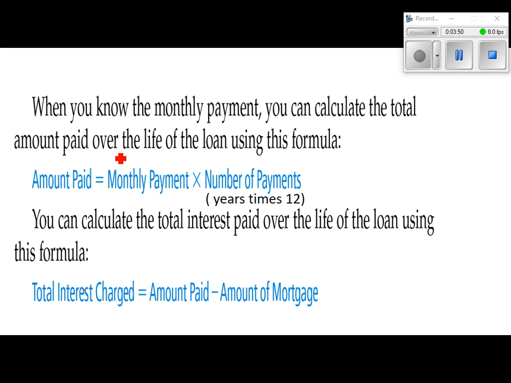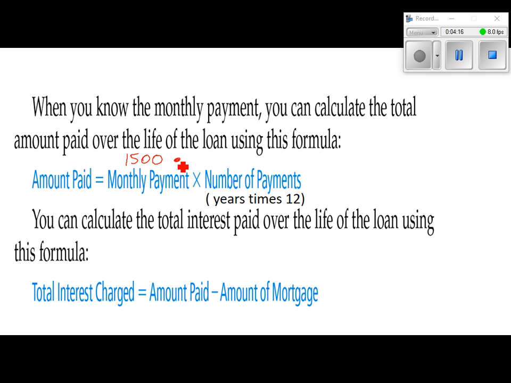When you know the monthly payment, you can calculate the total amount paid over the life of the loan by using this formula. So if you know your monthly payment is $1,500, then all you do is times that by however many payments you're going to make over the life of the loan.